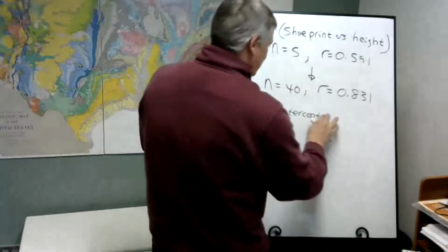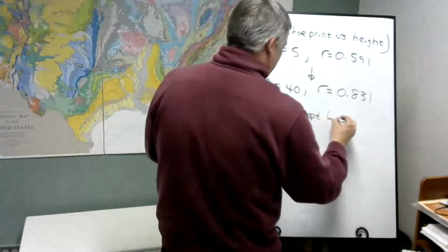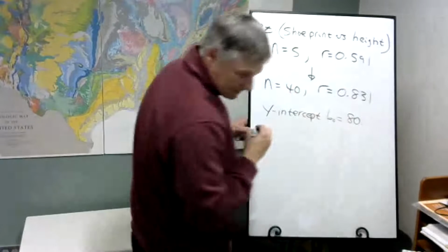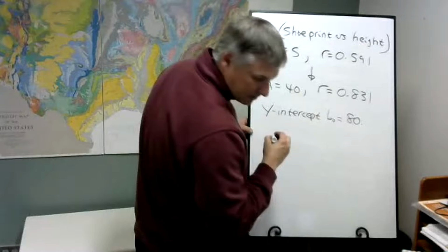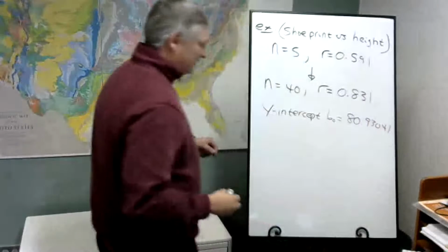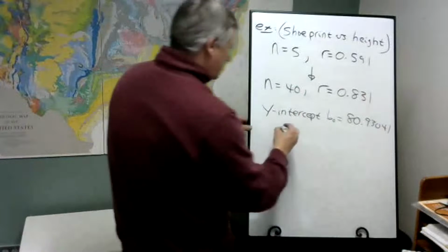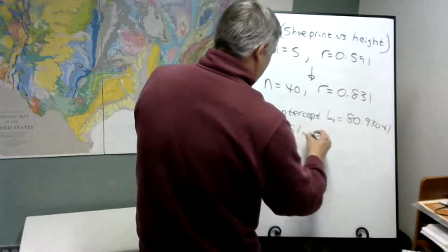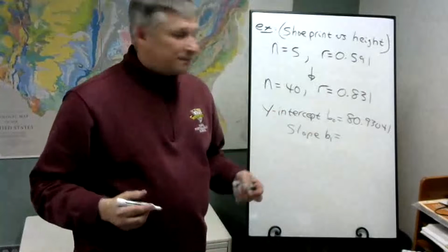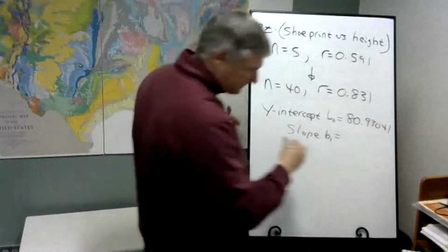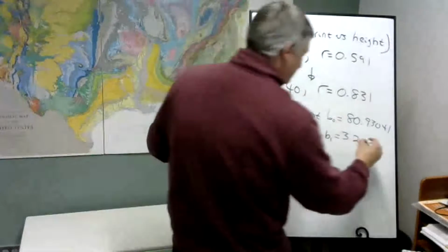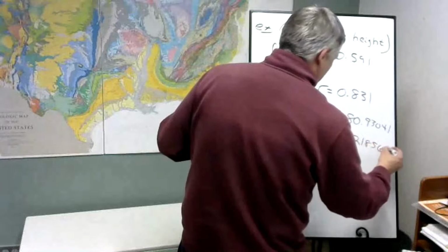So that's going to be 93041. And then the slope, which is B1, that's what's multiplied to x. Remember, your slope is always multiplied to x. Slope B1 is 3.218561.